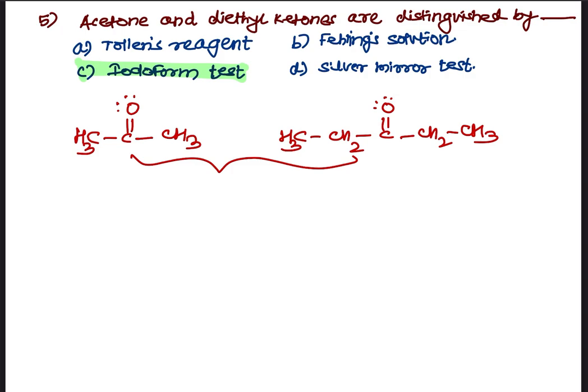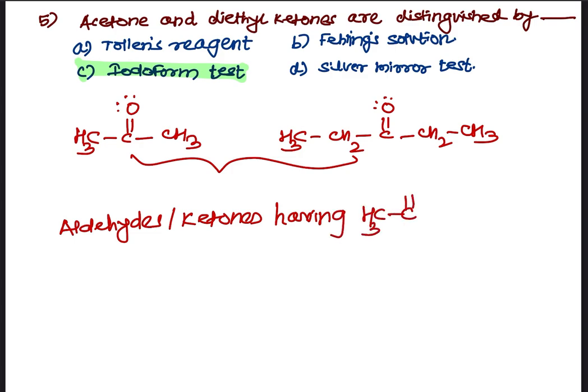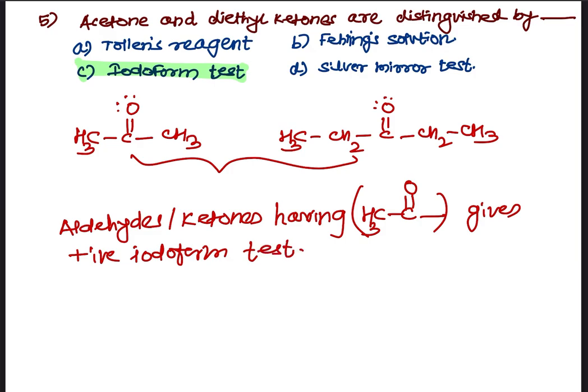Simply remember this note: aldehydes and ketones having CH3 C double bond O linkage give a positive iodoform test. यानी in acetone CH3C double bond O is there.